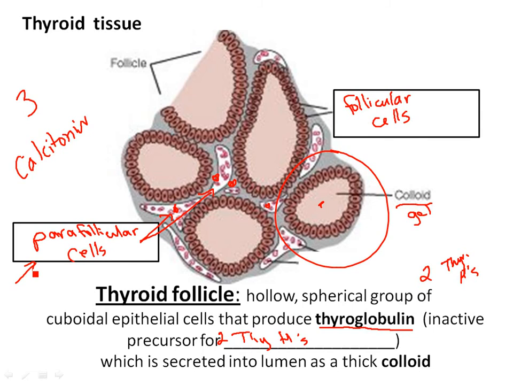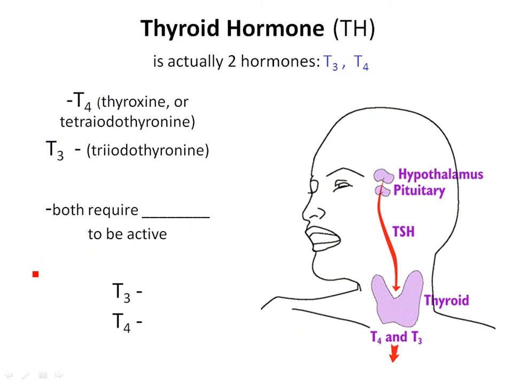Now, if we look at the thyroid hormones, from here on out, I'll just simply be referring to the thyroid hormones. We're going to be talking about these two, T3 and T4. And it's much easier to think of them as their abbreviations, T3 and T4, because the real names are quite long: tetraiodothyronine, triiodothyronine. Now, both of these require iodine in the diet to be active.